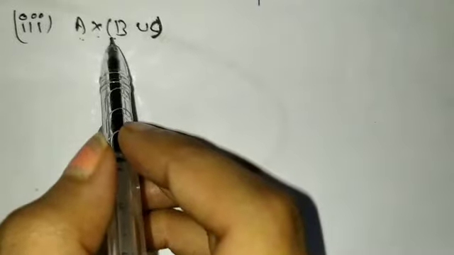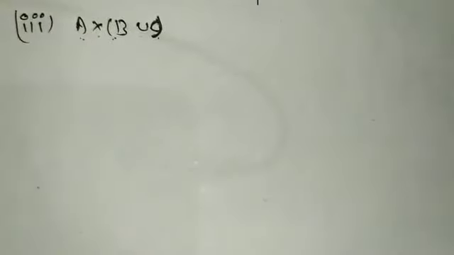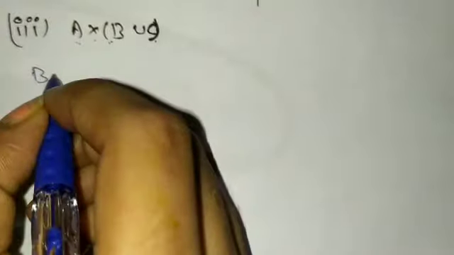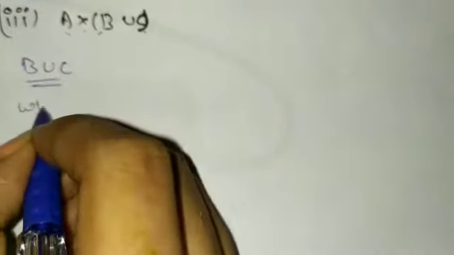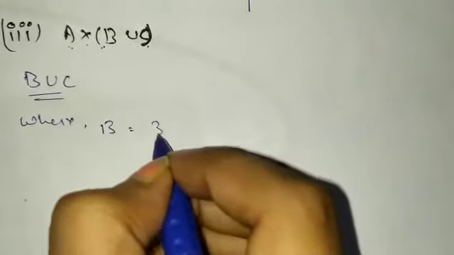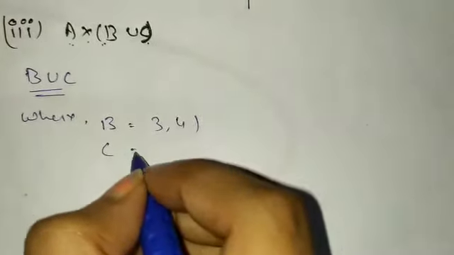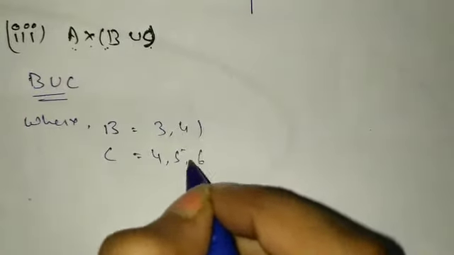Third, set A multiplied by set B union C. So first of all, in this case we will find B union C, where set B consists of elements 3 and 4 and set C consists of elements 4, 5, 6.